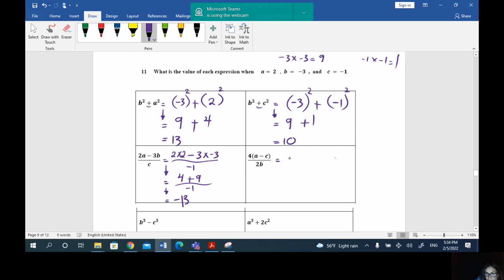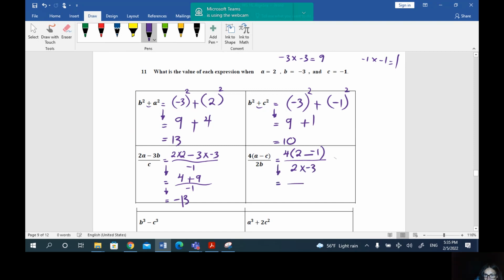Next, 4 times, in brackets, a minus c, over 2b. So fraction line, 4 is out, open the bracket. What is a? 2. Minus what is c? -1, close the bracket, over 2b, which means 2 times b, which means 2 times -3.